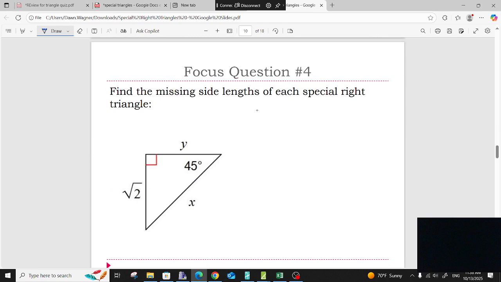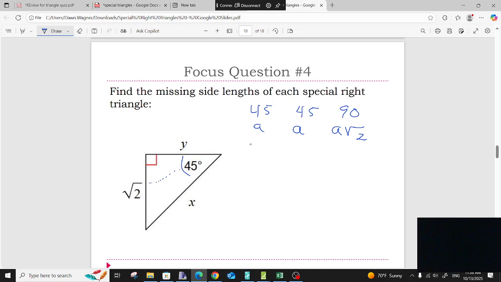So now this one's the different one. This is 45, 45, 90. Everybody tell me what goes here. Everybody say it. A square root 2. Now I'm given across from the 45, right?